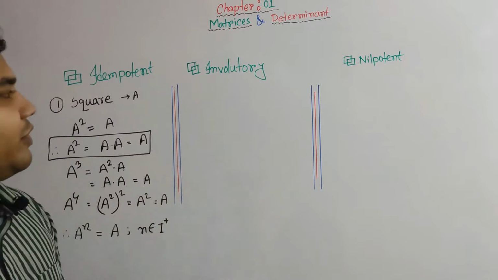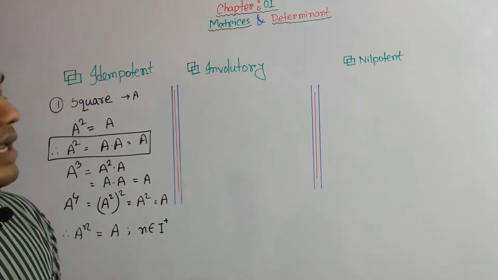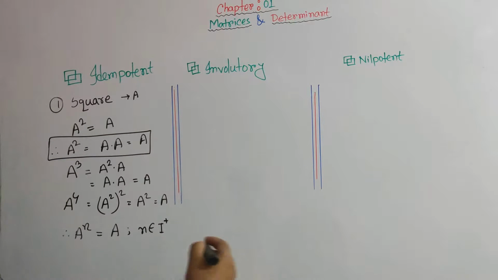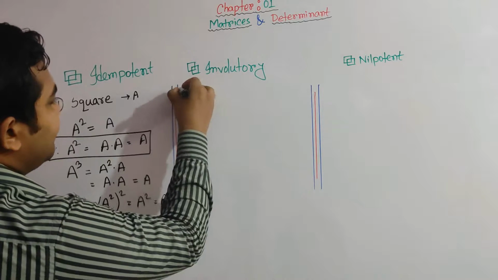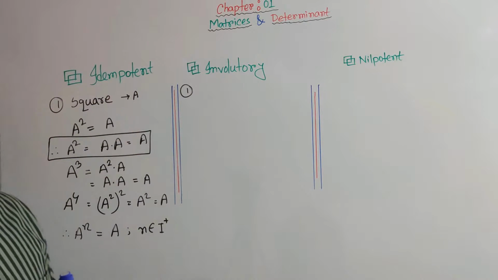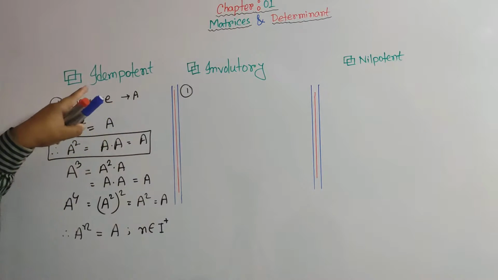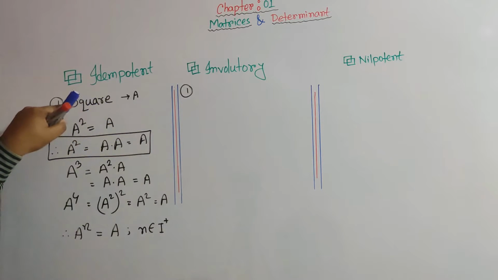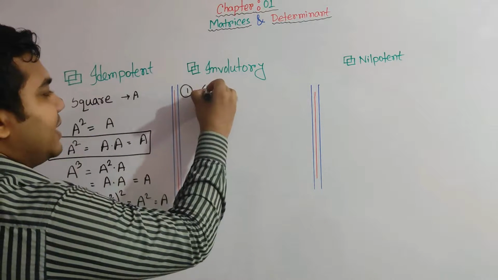Okay, move on to our very important matrix, that is involutory matrix. In the case of involutory matrix, it is very similar to the idempotent matrix. It is also a square matrix.